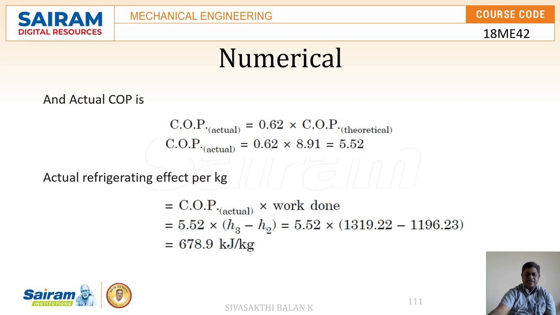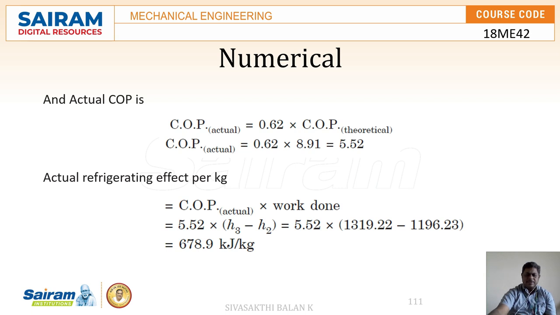Actual refrigerating effect per kilogram we need to calculate. That we can easily calculate by the relation of COP to the refrigerating effect. The relation says that COP is the ratio between the refrigerating effect and the work done.